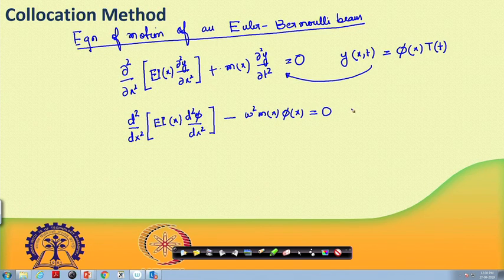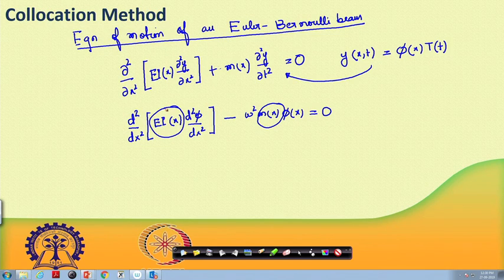Now, what we have to do is find an approximate solution for the mode shape. For the cases which had simple geometry like uniform cross section, we need not obtain an approximate value, but for cases where m(x) and EI(x) are functions of x, we cannot solve this in closed form.